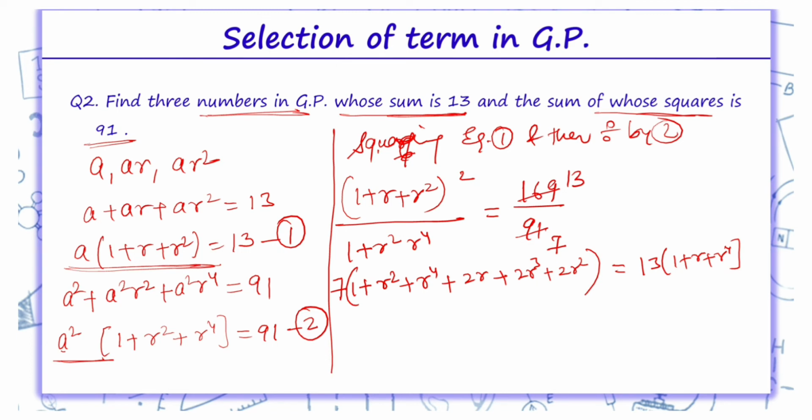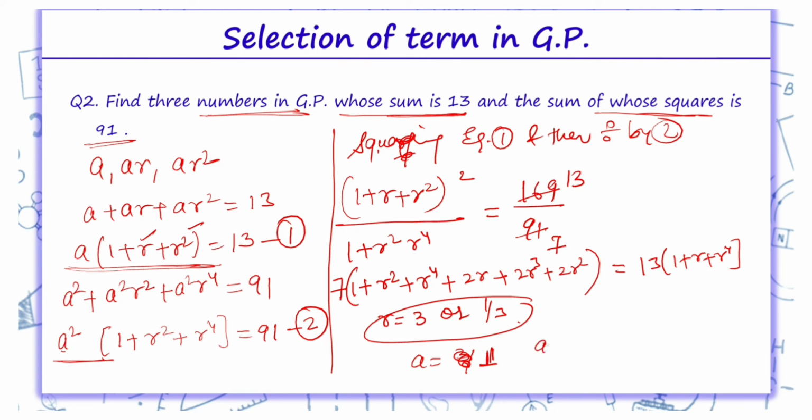Thus on solving this polynomial, the value of R we get is 3 or 1 by 3. Putting this value in the first equation, we'll get A equals 1 when we put R as 3, and A equals 9 when we put R as 1 by 3.